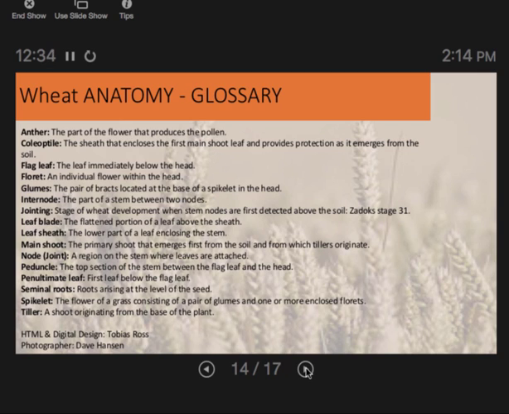So that's a really brief overview, and it's probably too much for stage 4. There's lots and lots of terms: tillers, flag leaves, anthers, that you could use in your class.